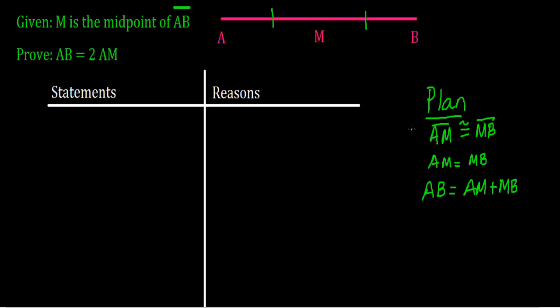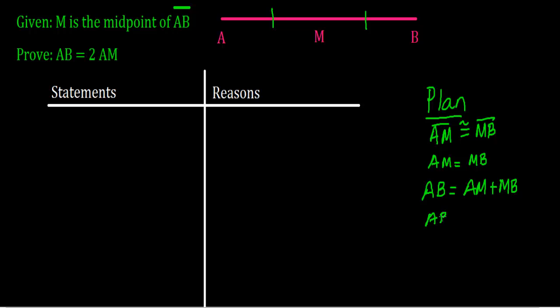Now, look at what happens here in my plan. I know that AM is equal to MB. So do you think I can replace this MB in this equation with AM by the substitution property of equality? Of course I can.